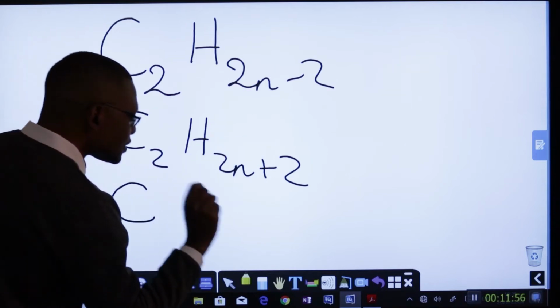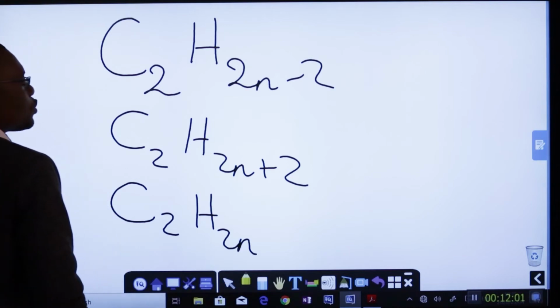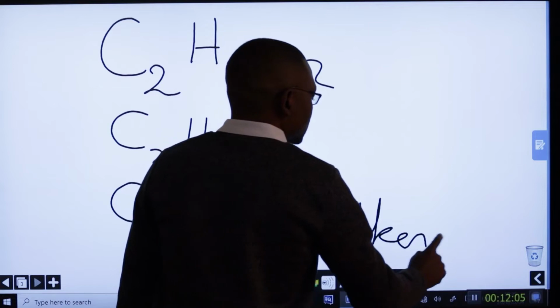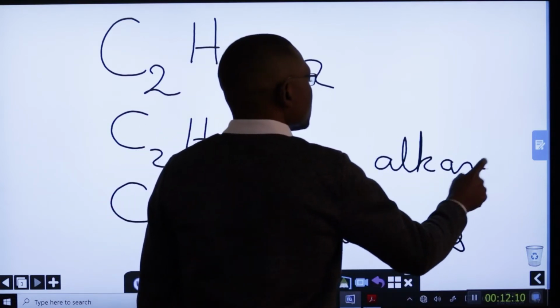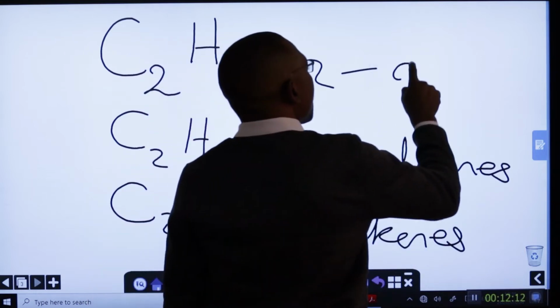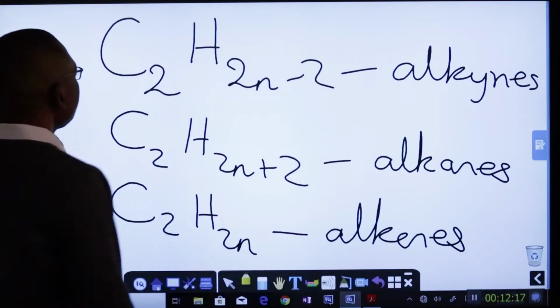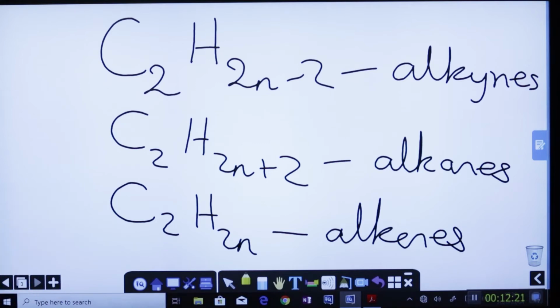While for alkenes, it's CnH2n only. So we are saying this is alkenes, while this is alkanes. So this becomes alkynes. Okay. So CnH2n-2. With alkynes, we expect a triple bond, while an alkane is a saturated carbon chain. In an alkene, there is a double bond.